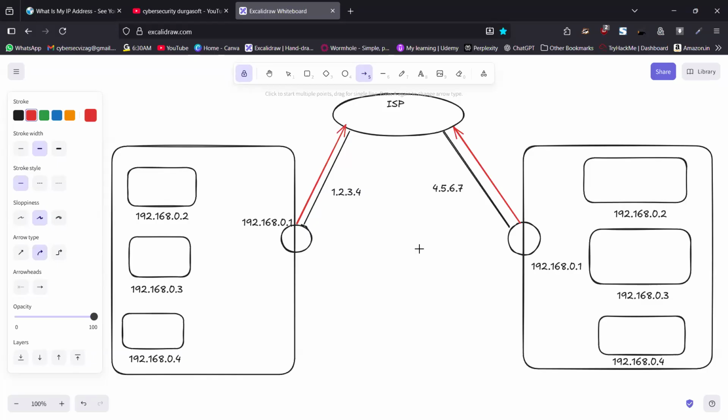All these companies are ISPs. At my home, I have an ACT Fibernet connection. So ACT is my ISP, internet service provider. They provide the public IP for me to access the internet. The company who set up your router for you to get the internet access, that company is the ISP, internet service provider.